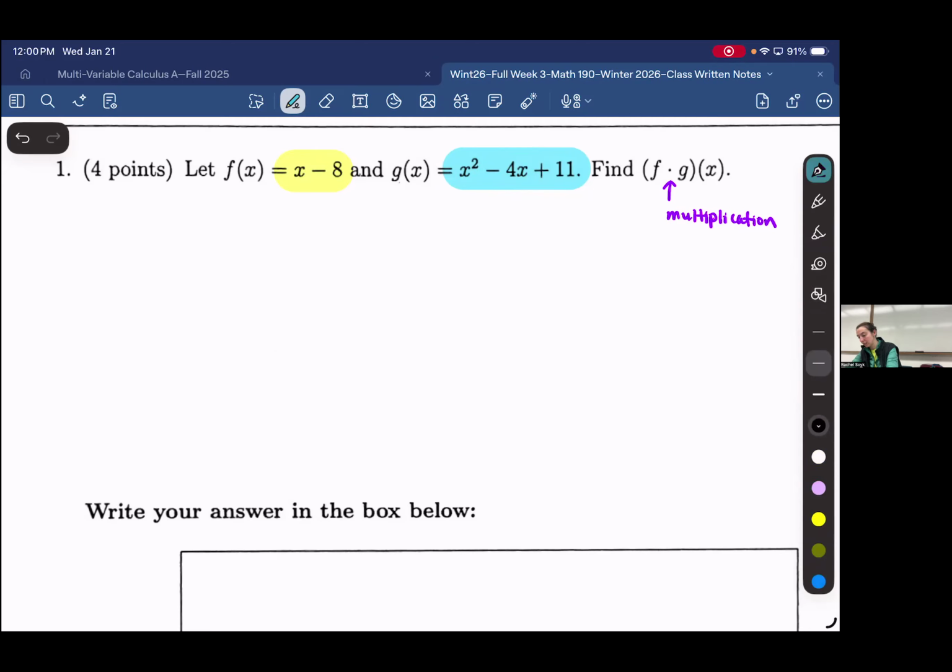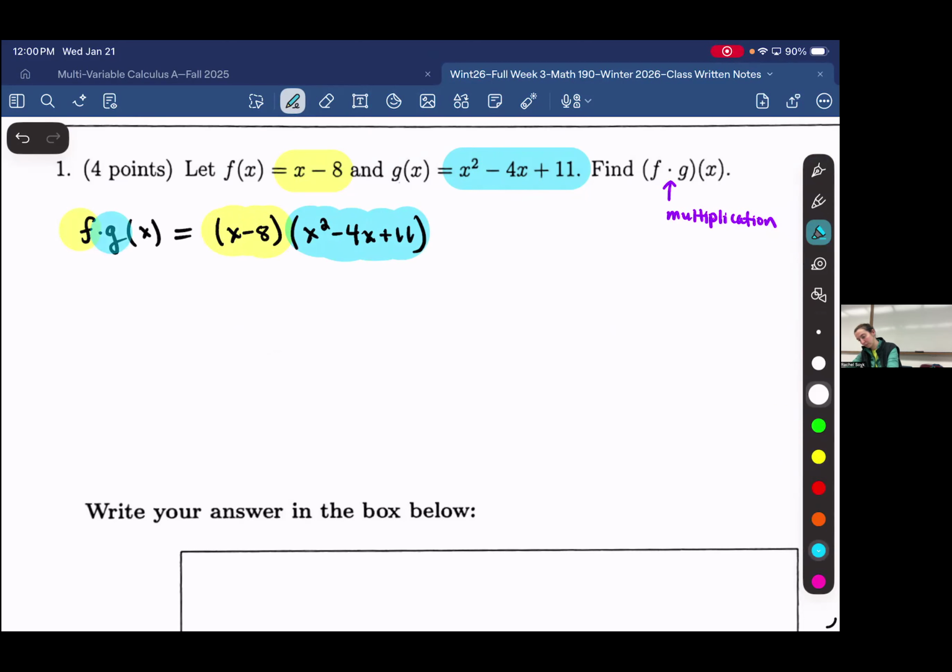Use parentheses here. X minus 8 times x squared minus 4x plus 11. And we're going to utilize some special distributive property. X times x squared gives us x cubed.